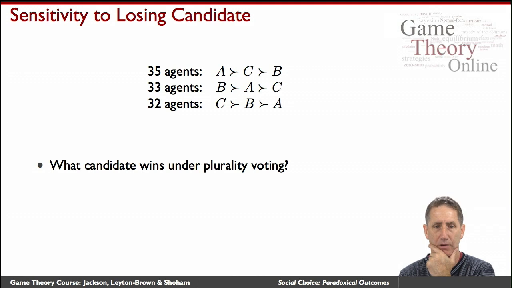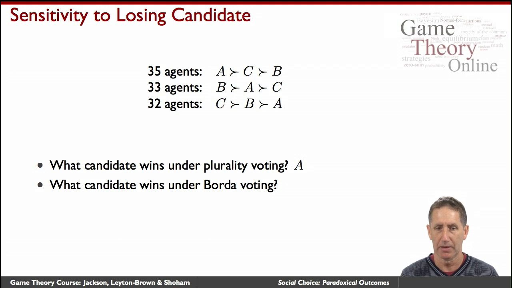So here's another example, and let's think about what would happen in this case. What would happen under plurality voting? Clearly under plurality voting, A would win, since A would get 35 votes, and the second highest would be B with 33. What would happen under the Borda voting? This takes a little more thinking, and you might want to pause the video for a second.